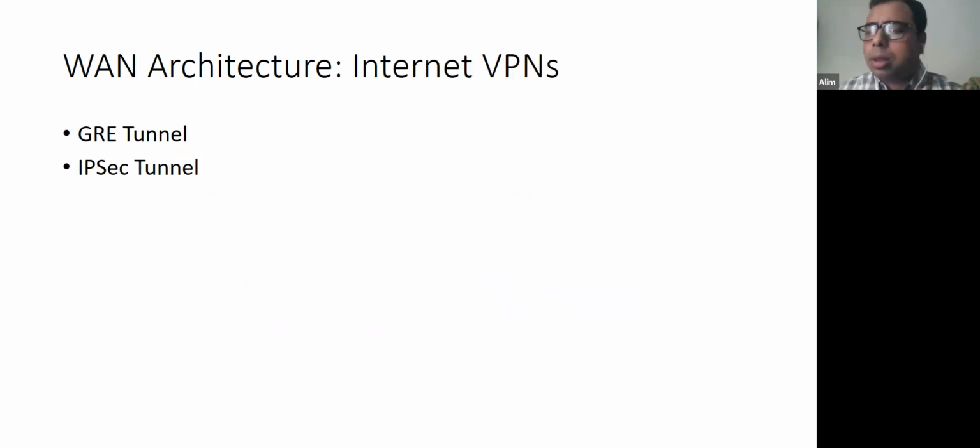Okay. But MPLS or Metro Ethernet are very costly. So internet connectivity may be available to your location, so you can use internet VPN, which can be a GRE tunnel.